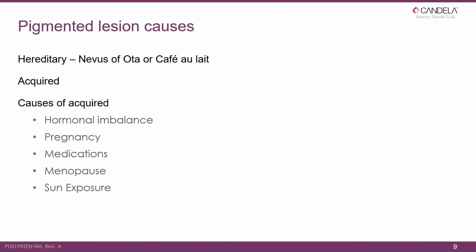It can be a hormone imbalance, it can be due to pregnancy. Some medications will actually cause an increase in melanin production. The menopause again, and that's partly due to the hormone imbalance. And finally, and the most common reason for increase in melanin within skin is sun exposure. So exposure to ultraviolet light.